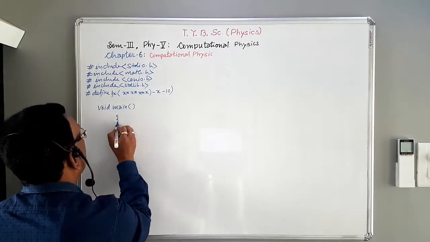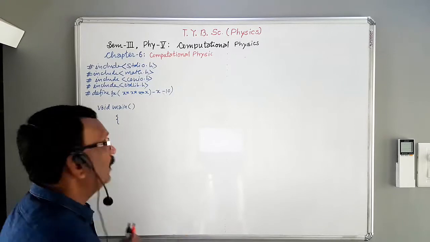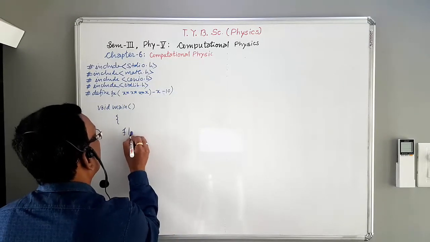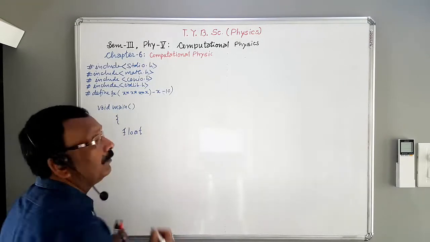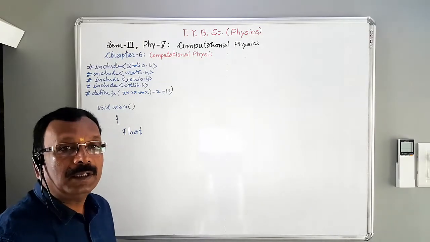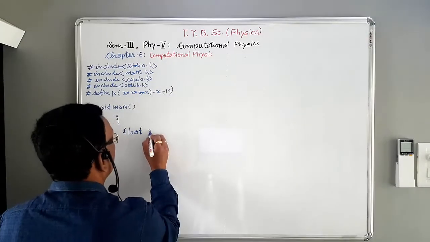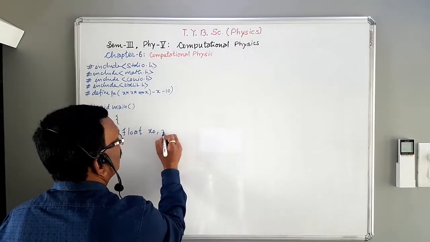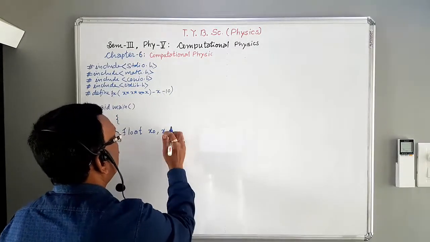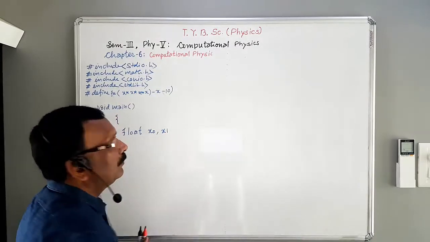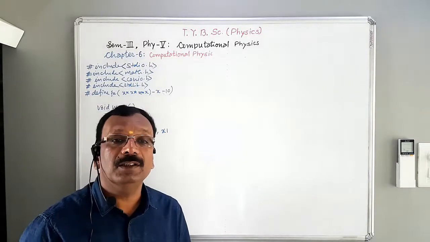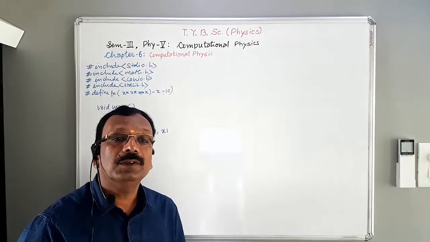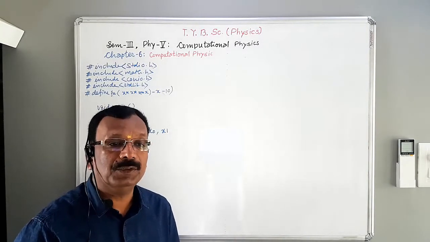Then in the body of the main program, we have to define the variables which are real numbers, that is, we can give x0, x1, these are the variables through which we can provide two values to the computer.